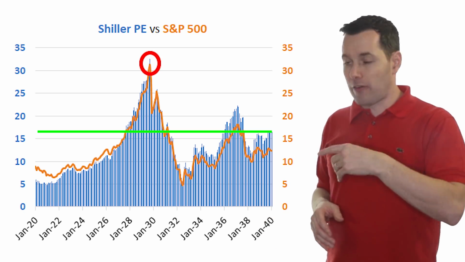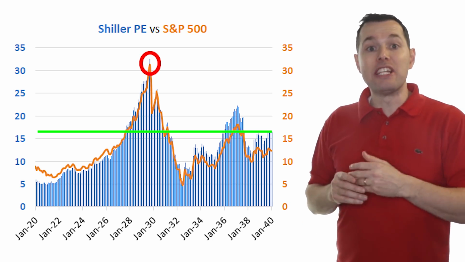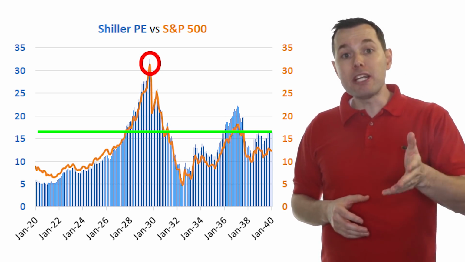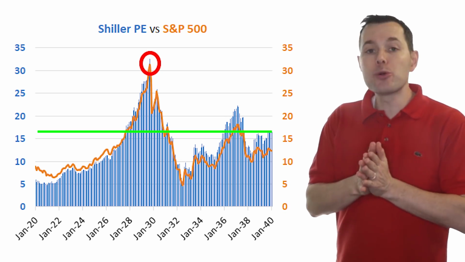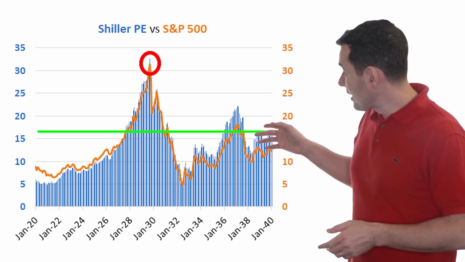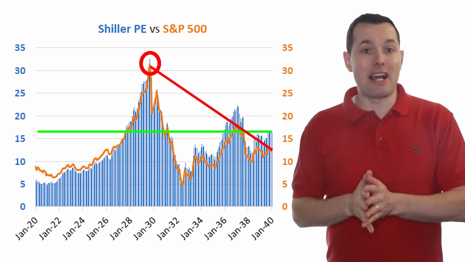The blue bars are the Shiller PE ratio. Well, back when the S&P 500 was near its peak at this top of 1929, clearly the Shiller PE ratio was calling for huge underperformance over the next 10 years. And we know that because the Shiller PE ratio at that time was way above the average. And we could see that did in fact happen.